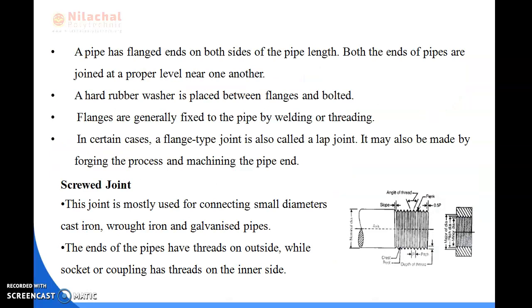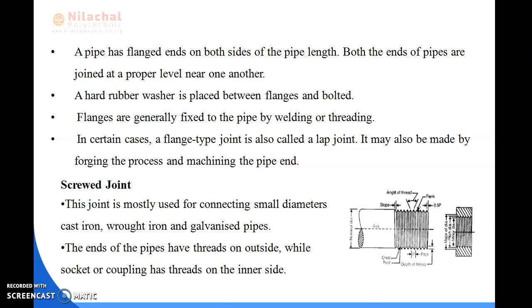Also we can say a flanged pipe has flanged ends on both ends of the pipe length. Both the ends of the pipe are joined at the proper level near one another. A hard rubber washer is placed between the flanges and bolted. Flanges are generally fixed to the pipe by welding or threading. In certain cases, a flange type joint is also called a lap joint.